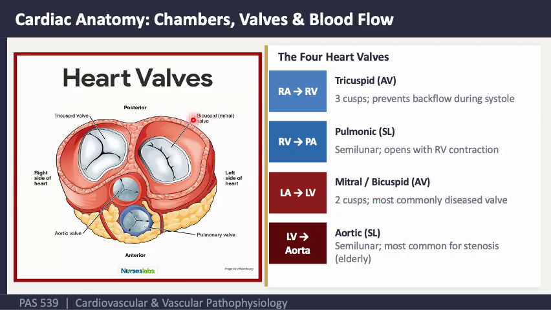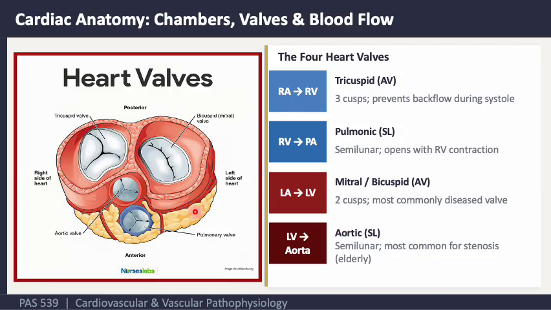And once it goes to the left atrium, it will then travel down to the left ventricle. It will travel through the bicuspid or the mitral valve. This is normally the most diseased valve that we see.